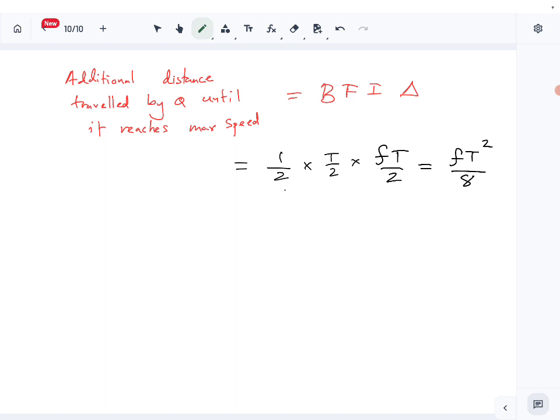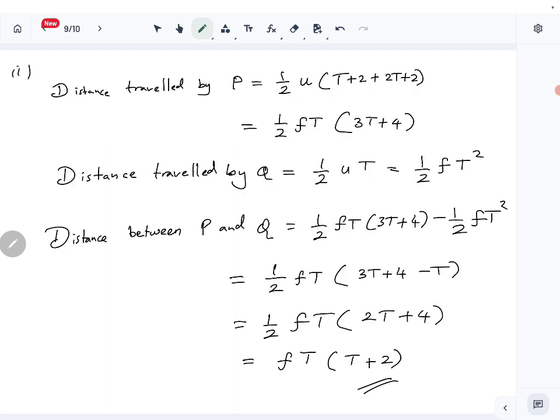Right, now we need to show that it can't overtake until it reaches max speed. So it has to overcome what? This amount to overtake it. To overtake, it has to overcome this amount, the distance between P and Q when the speeds match.